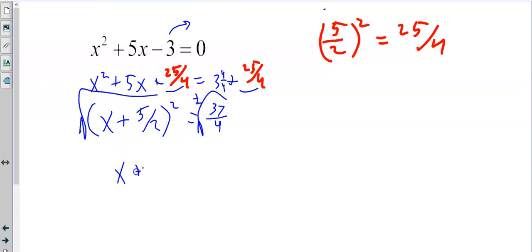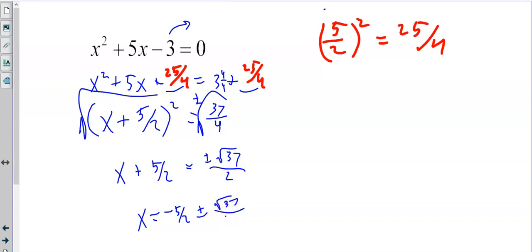You get x plus 5 halves equals plus or minus square root of 37, again, divide by square root of 4, which is 2. Subtract 5 halves, so x equals negative 5 halves, plus or minus square root of 37 over 2. Or you could write that as one big fraction, negative 5 plus or minus square root of 37 over 2.